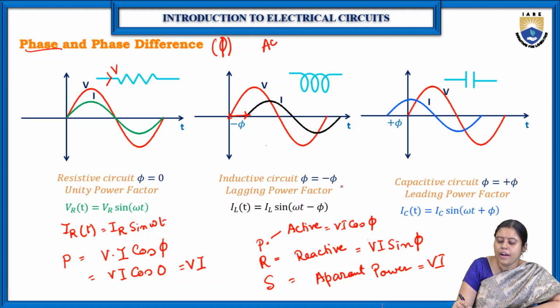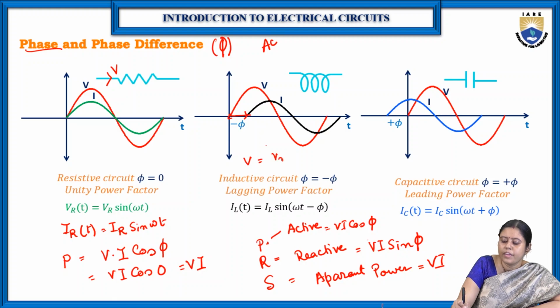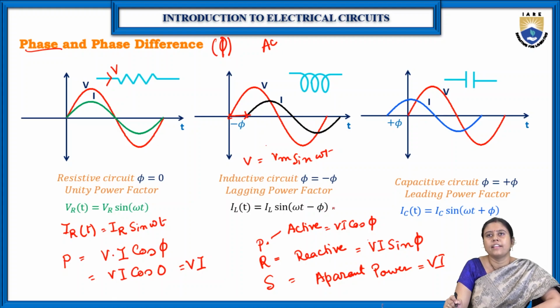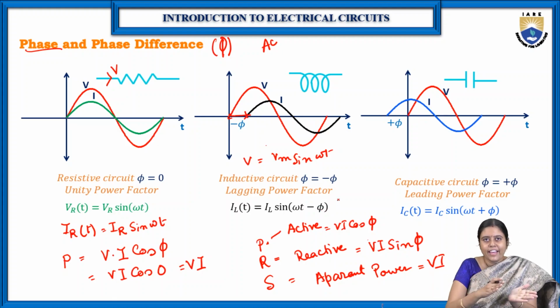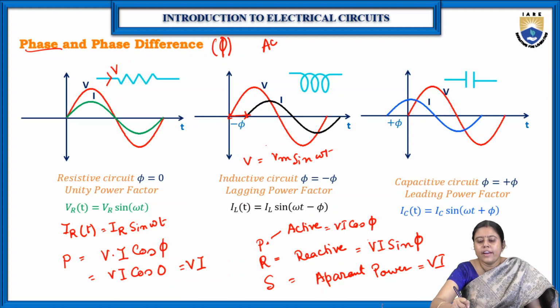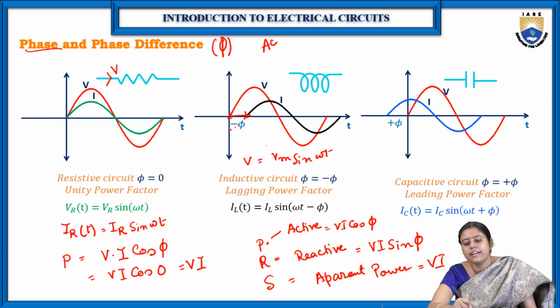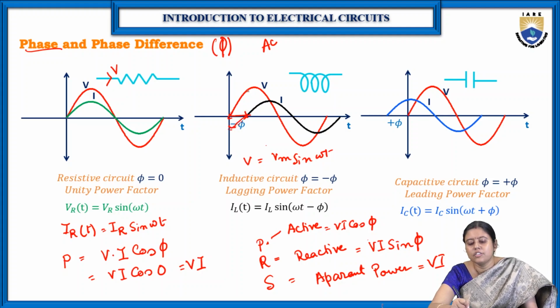If the voltage is Vm sin omega t, the current is lagging by angle phi, so it is going behind. When the voltage is 0, the current has a negative value. When the current is 0, the voltage has some positive value. So voltage is leading, current is lagging.